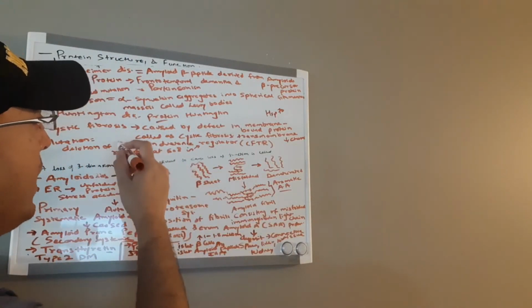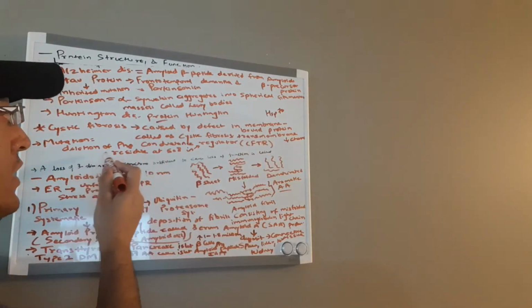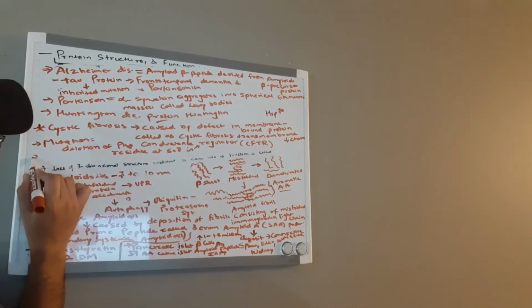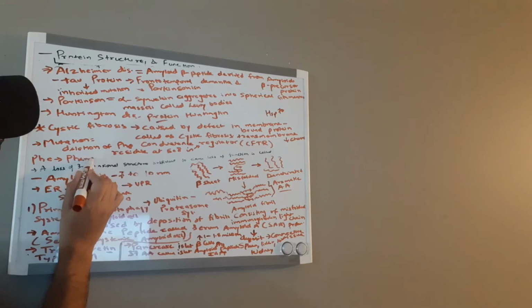So what happens in cystic fibrosis with the mutation of this protein? There is a deletion of the PHE. I'll write it down here: PHE is phenylalanine.